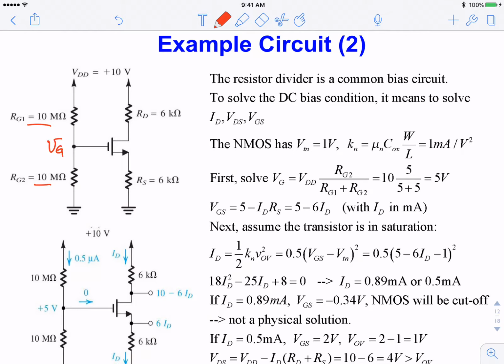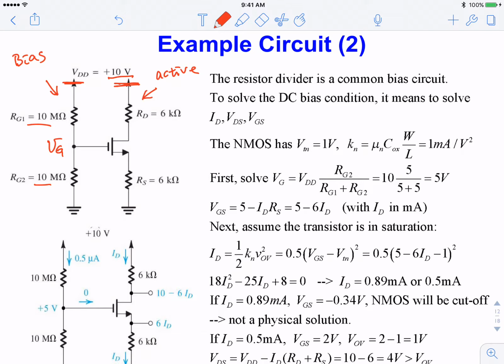So this is basically a bias branch, and this is the active branch. This is the active circuit in series with your transistor. In this example, we apply 10 volt to the top, and sometimes we draw a horizontal line, sometimes we draw an arrow.